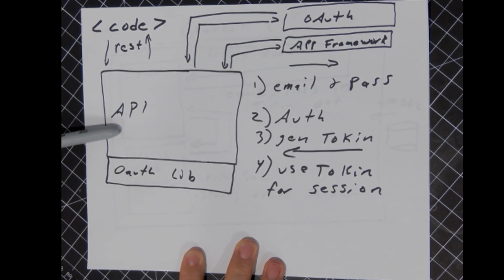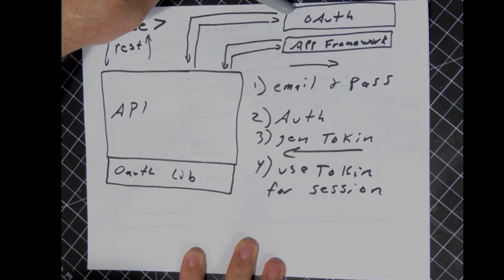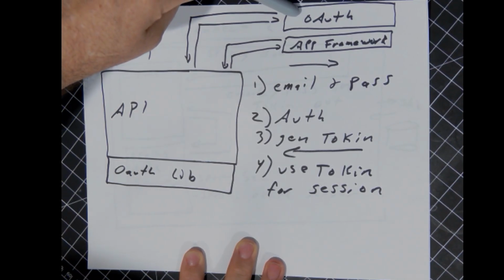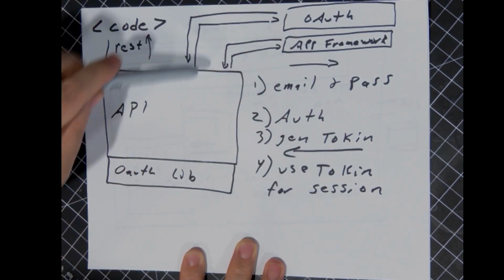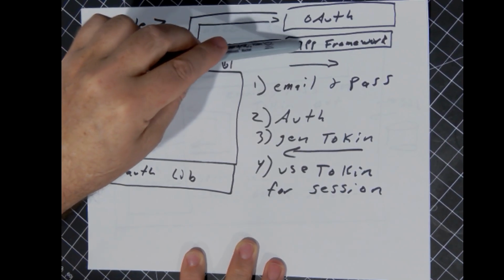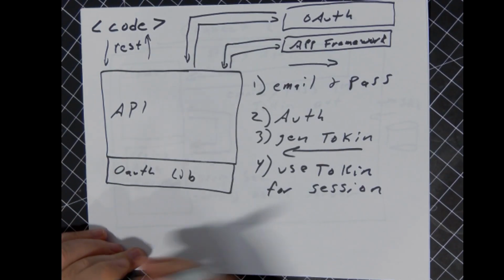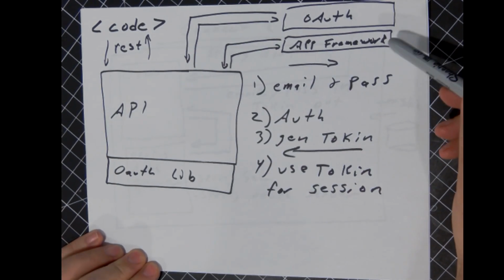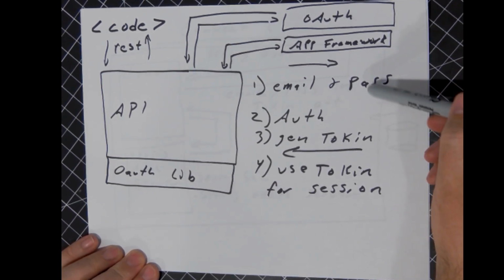Now, alternatively, we could have an outside identity solution like OAuth or SAML doing the authentication piece. It comes back, tells us that they're authenticated, and I think our app framework would still then generate the token that's being used. But we don't do that. Currently, the only thing we do is the basic authentication into Laravel.